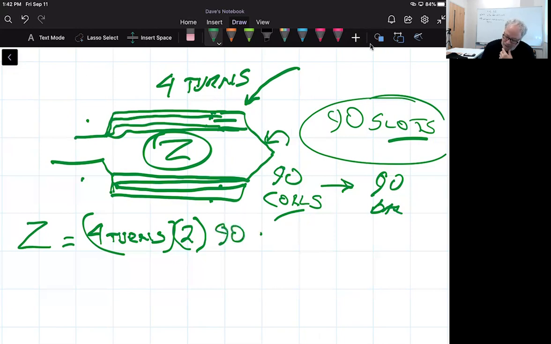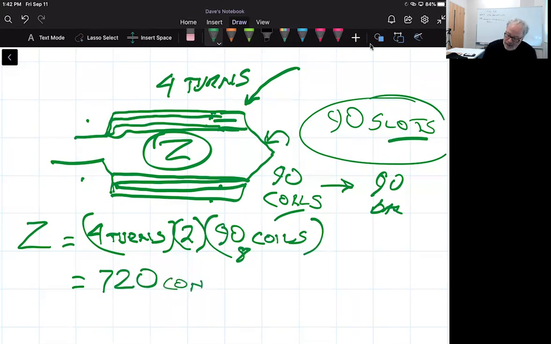So I write that down here, and then it's just a matter of simple multiplication. 4 times 2 is 8, and 8 times 90 is going to be 720 conductors, and that's the Z number. And that's the hardest thing in any of these problems.